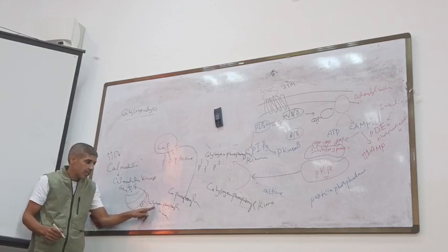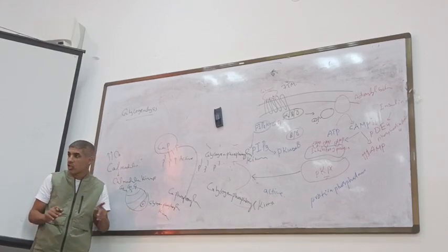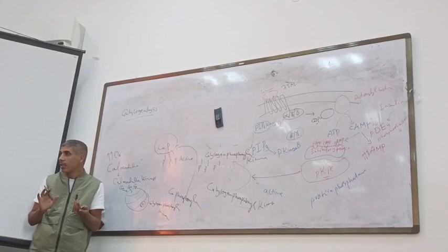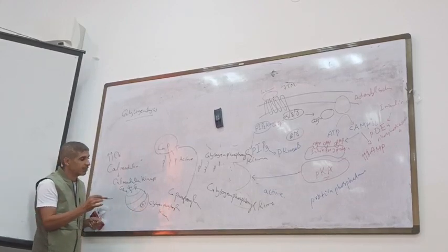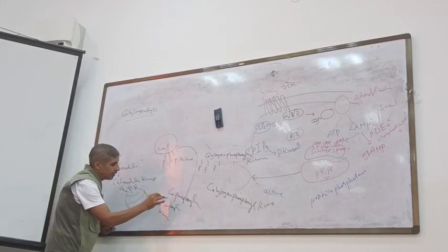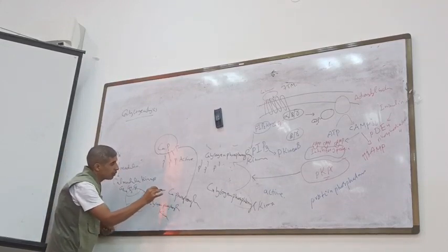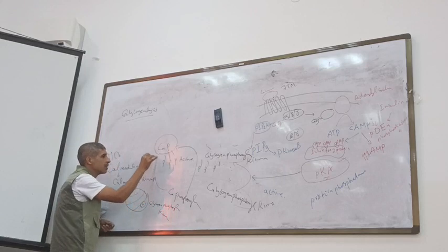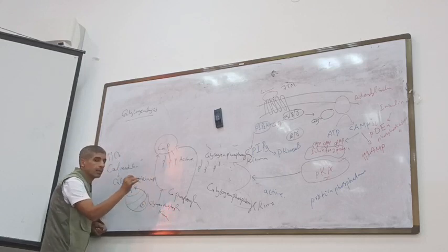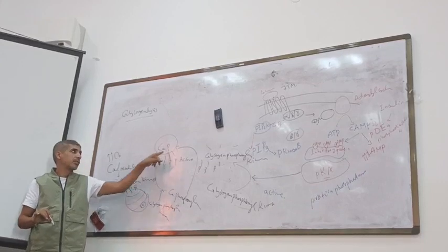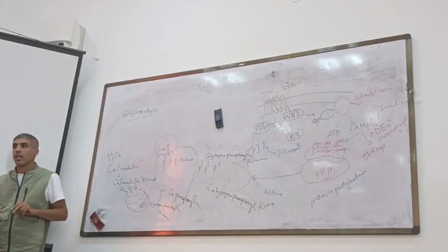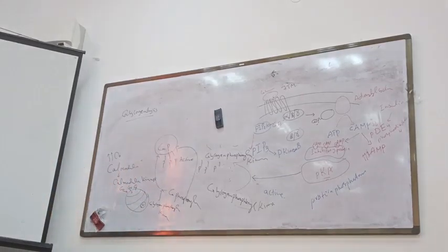The tertiary structure changes and the enzyme becomes active, and it will phosphorylate glycogen phosphorylase. So glycogen phosphorylase becomes active.